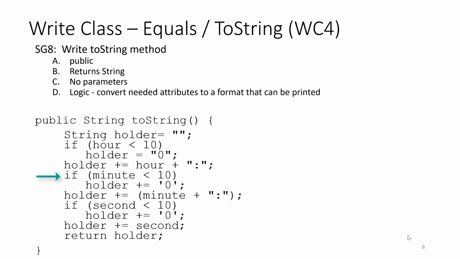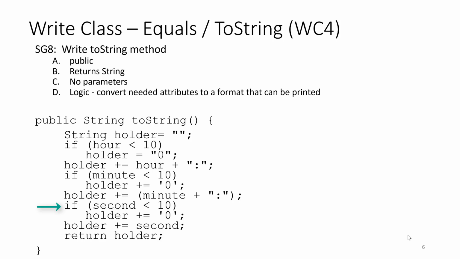If minute is less than 10, we add a 0 to the output string. Notice in this case, it's in single quotes, meaning it's a character, but that's okay. You can concatenate a character to a string. So now we have concatenated on the value of the minute instance attribute plus a colon. Last, we look at the second.